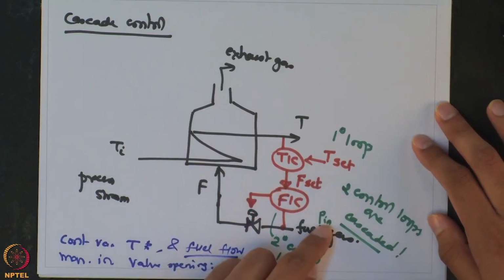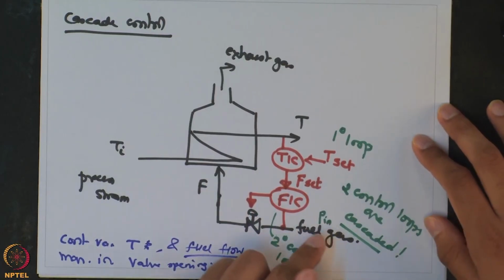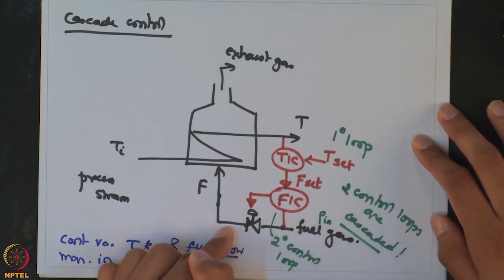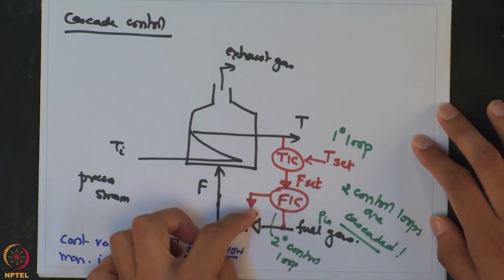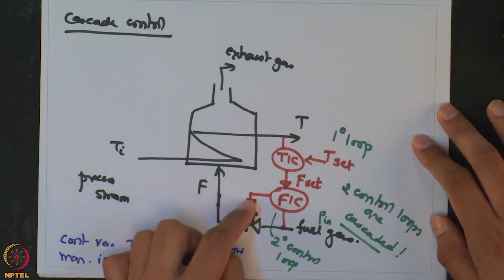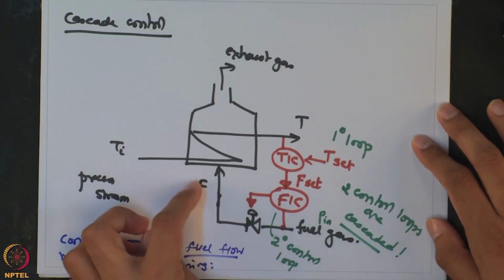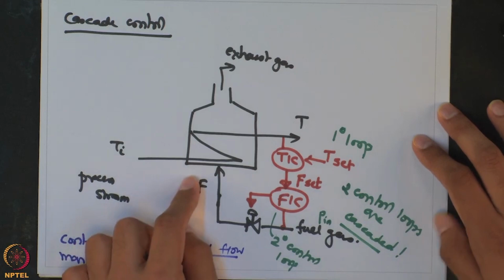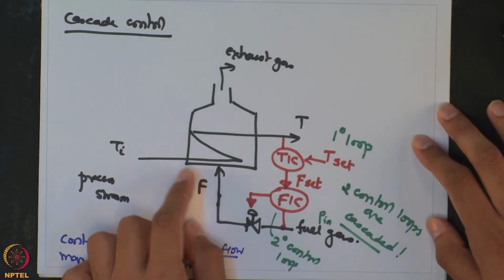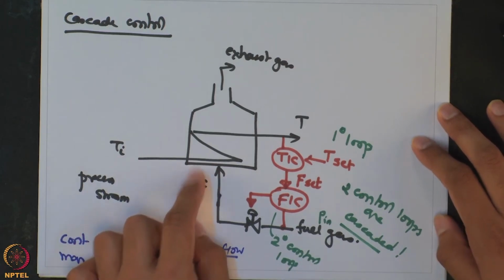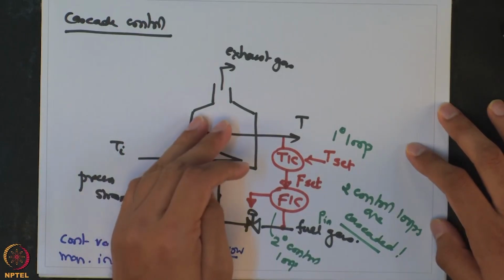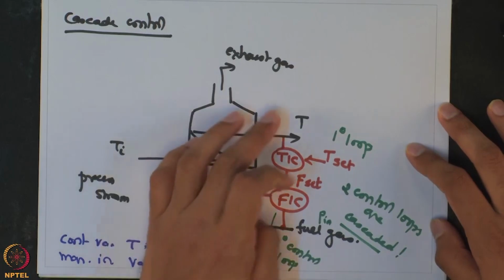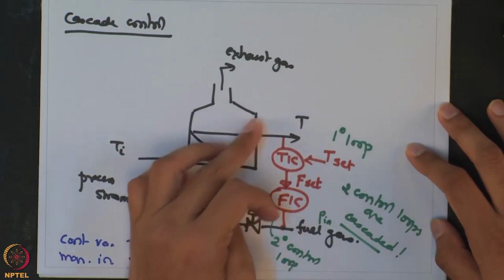Because of this inlet pressure disturbance, the flow is going to increase, and this flow controller will detect that change and try to cut down the valve opening such that the flow which goes to the furnace still remains the same as the original steady state value, which was 600.